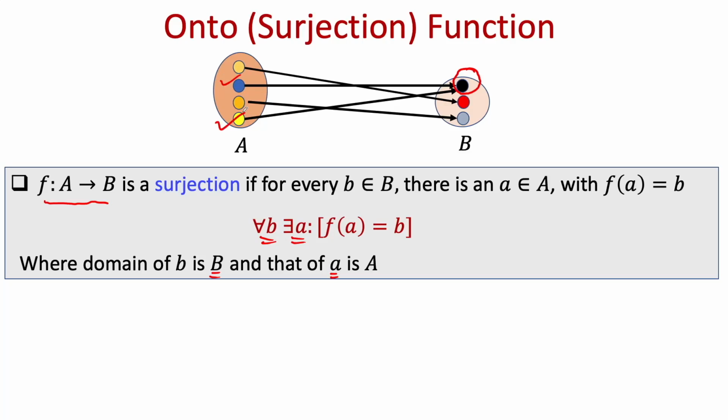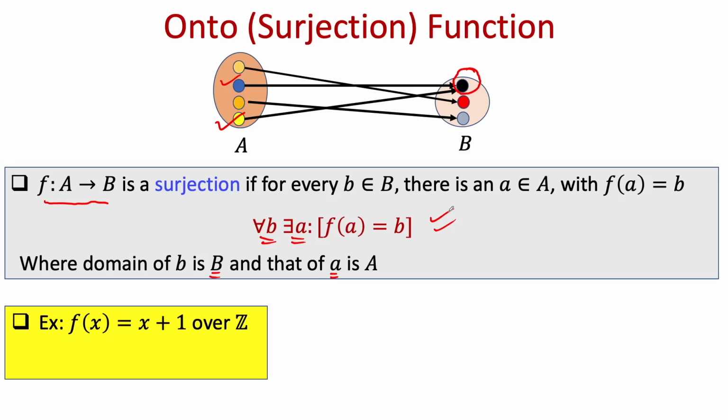The definition simply says it should not be the case that you have some element in the codomain set which does not have any pre-image. That will be a counter example for this universal quantification. So even if you have any such counter example, the function will not be called a surjective function. Whereas if this universal quantification is true for all b comma a, where the domain of a small b is the capital B set and the domain of a small a is the capital A set, the function will be called a surjective function.